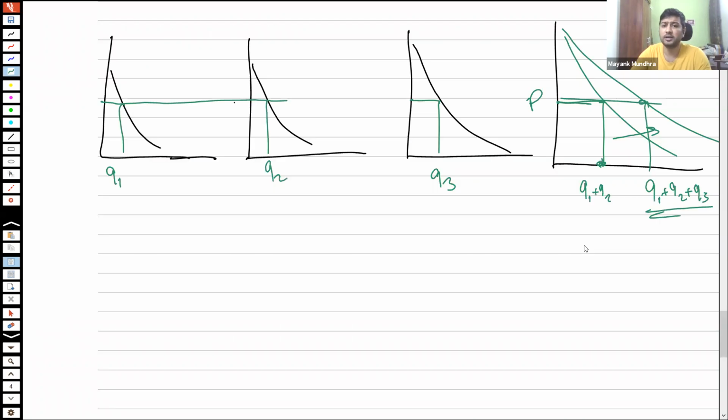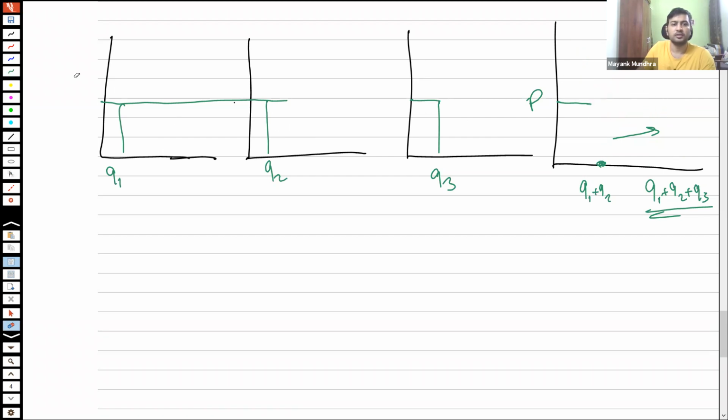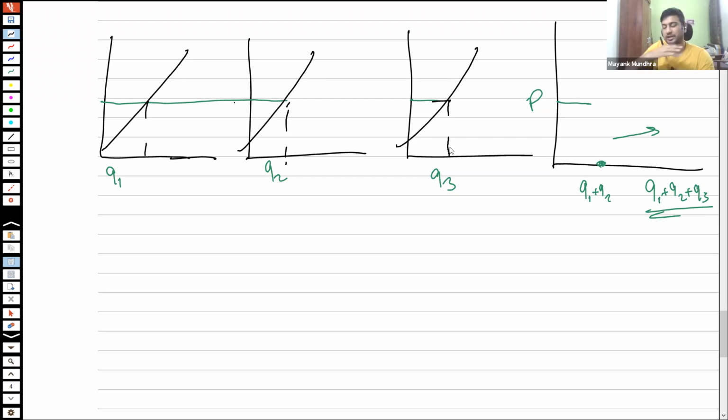Oh, sorry, I drew the demand curve. I should have drawn the supply curve. The supply curve is upward sloping. Initially the supply curve was Q1 plus Q2, but now it would become Q1 plus Q2 plus Q3.